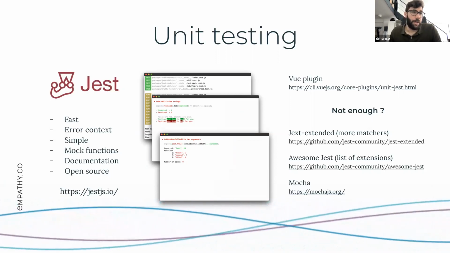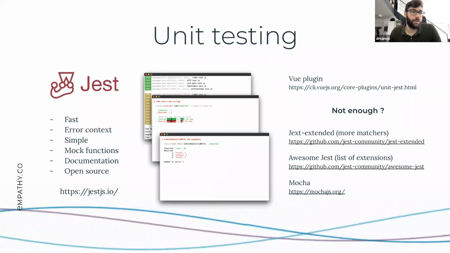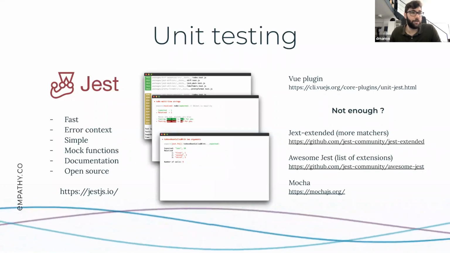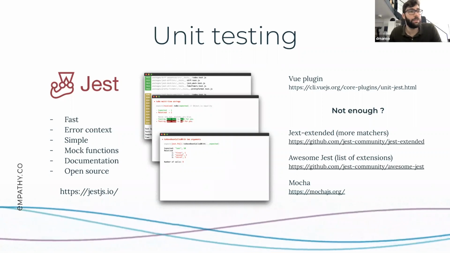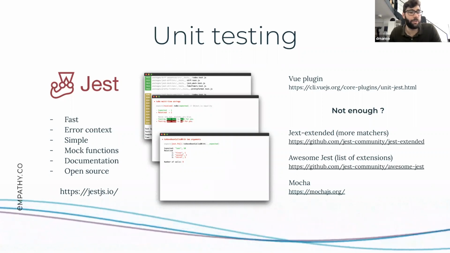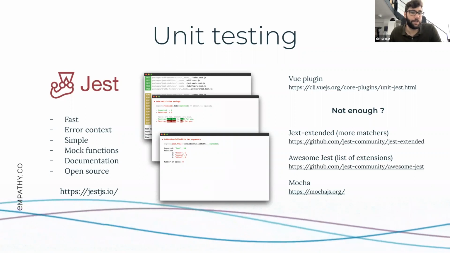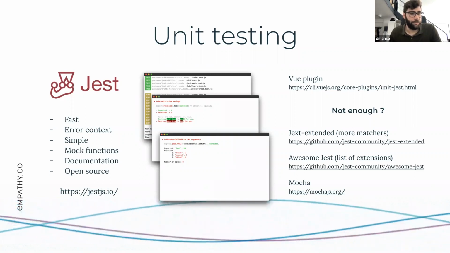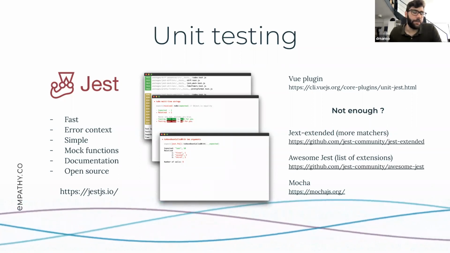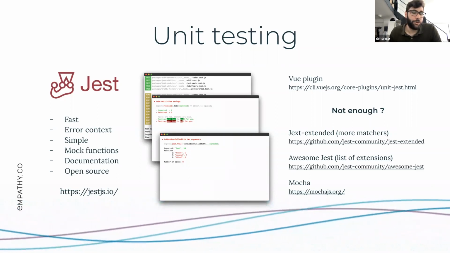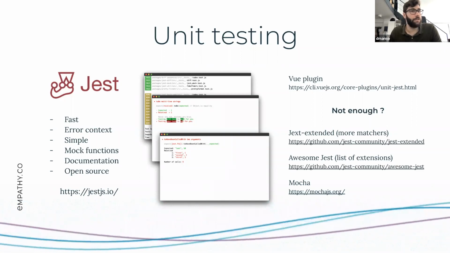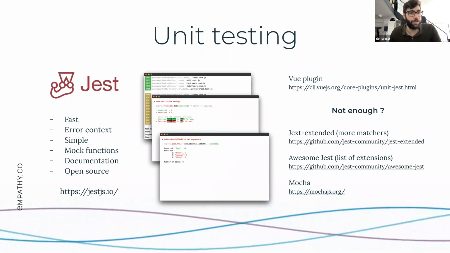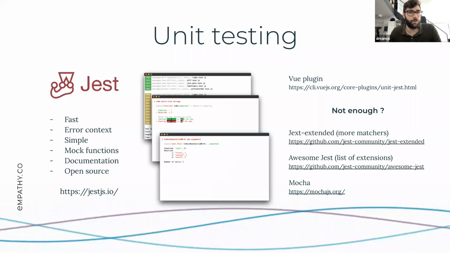And well, among its features, it's fast because it tries to run the tests in parallel, and it tries to run the previously failed test first. So you don't have to run the entire suite again, okay? It returns rich context when a test fails, providing useful information that helps us reduce the debugging time, printing in most cases detailed information about the expected and the received part.